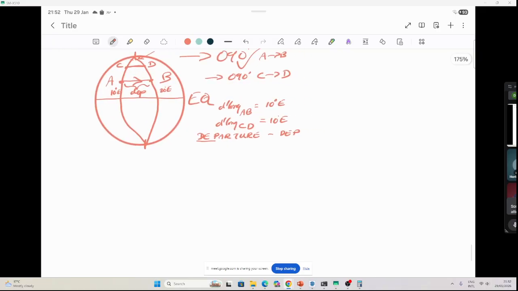Yes, sir. So this new unit is the east-west distance traveled. Departure, let's define it later on, but for the calculation you have to remember that departure is the east-west distance in nautical miles. So that will give you the actual distance.